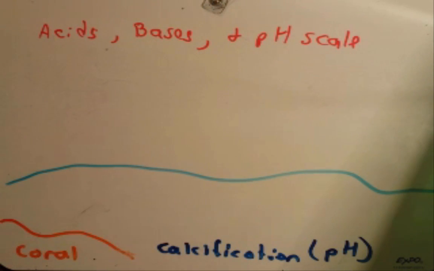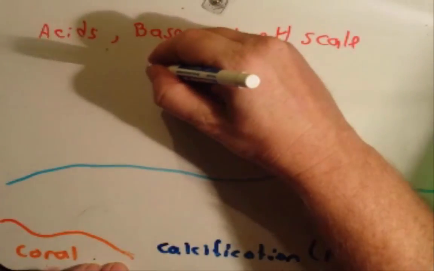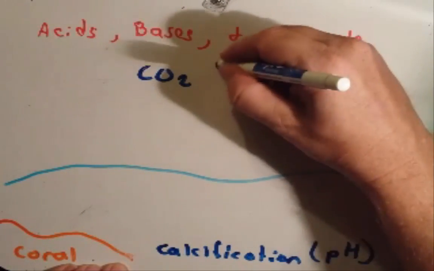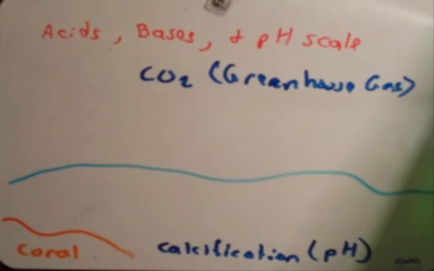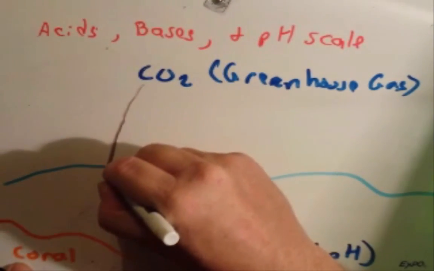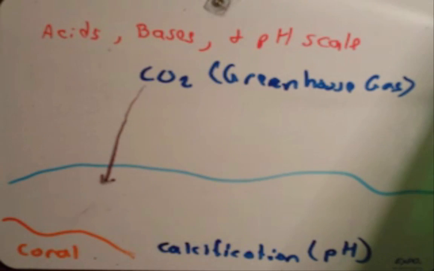However, what we have learned over the years is there's a problem with greenhouse gases. And we'll talk about greenhouse gases at various points throughout this semester, but you've probably heard of them. A big one is CO2. It's a greenhouse gas. And CO2 is released largely through the burning of fossil fuels. And what happens is that this CO2 will be dissolved in the ocean.